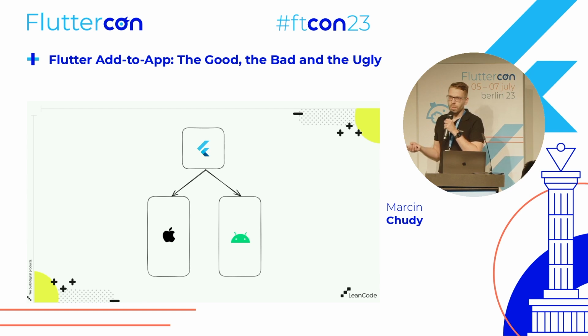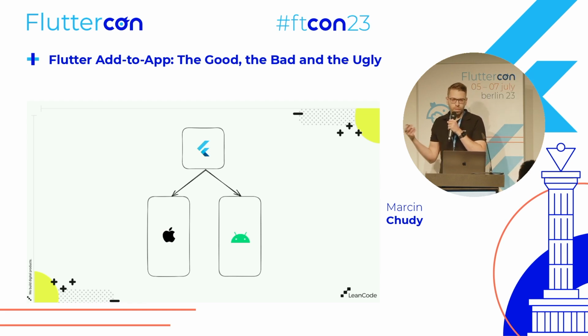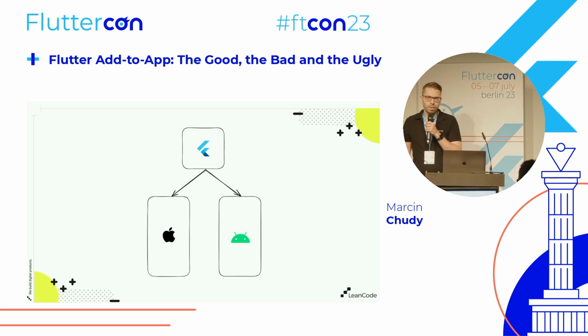I don't know how many of you have used add-to-app, either in production or, yeah, some of you. So for those of you who haven't heard about it before, it's basically a way to either render part of the UI using Flutter inside a native iOS or Android app, or just run some shared Dart logic.